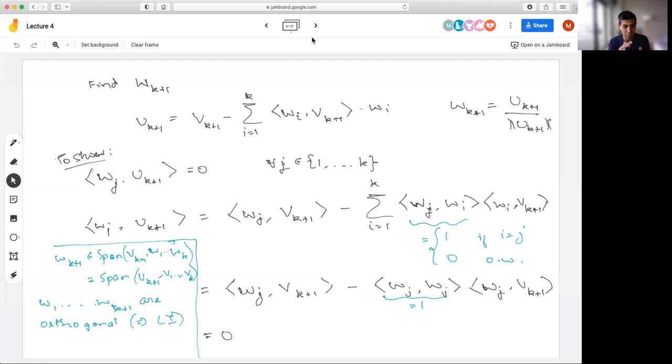And because I have the right number, they are a basis and their span is equal to the entire span of V_1 to V_{k+1}. So their span is correct. They're all orthogonal. And I, again, normalize W_{k+1} so that the norm becomes 1, just as we did for the case of k+1. So I have W_1 to W_{k+1}, which are orthonormal, have the same span as V_1 to V_{k+1}, and we're done with the induction step. Any questions?